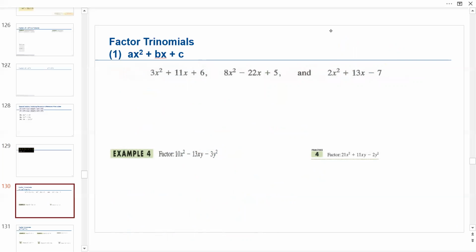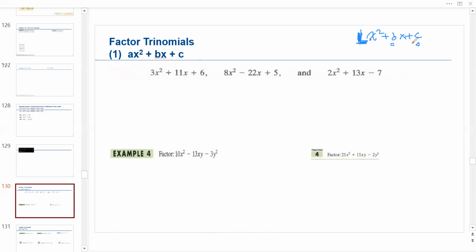Next topic of today. Previously, most of the time we factored x squared plus bx plus c, where the coefficient in front of x squared is 1. We can do that easily because we can factor c and find the factors whose sum exactly matches b.